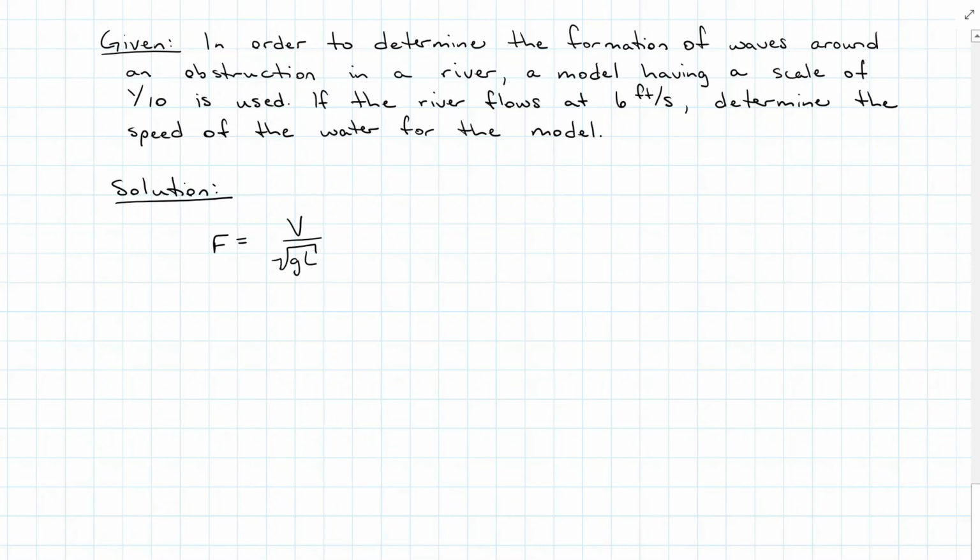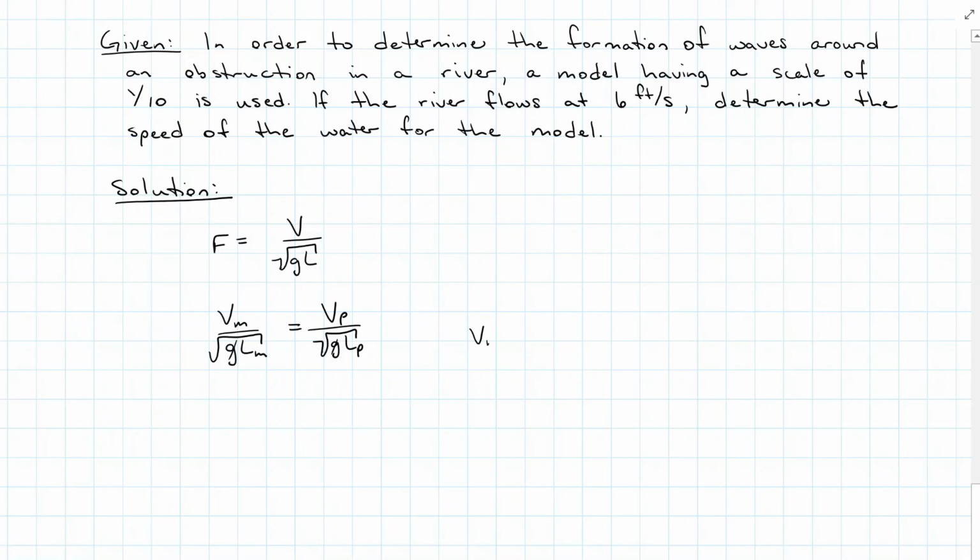So the Froude number of the model will be set equal to that of the prototype. Of course, gravity is going to stay the same. Both the prototype and the model are going to be on Earth.